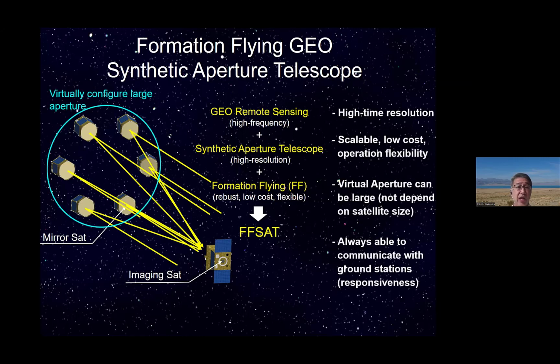So it can virtually configure a large aperture. Using this kind of technology, we can obtain high time resolution and scalable low-cost operation flexibility, and the virtual aperture can be large and always able to communicate with the ground station because this satellite is in the geosynchronous orbit. So we have many of these merits. So this kind of system is worthwhile studying.